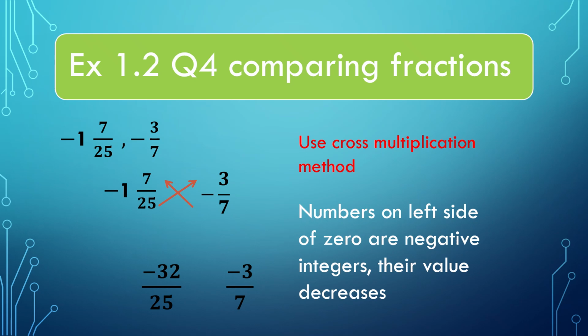Now after cross multiplication, we multiply 7 by minus 32, we get minus 224, and when we multiply 25 by minus 3, we get minus 75. And you know that minus 75 is greater than minus 224. So we can say that minus 32 by 25 is less than minus 3 by 7.